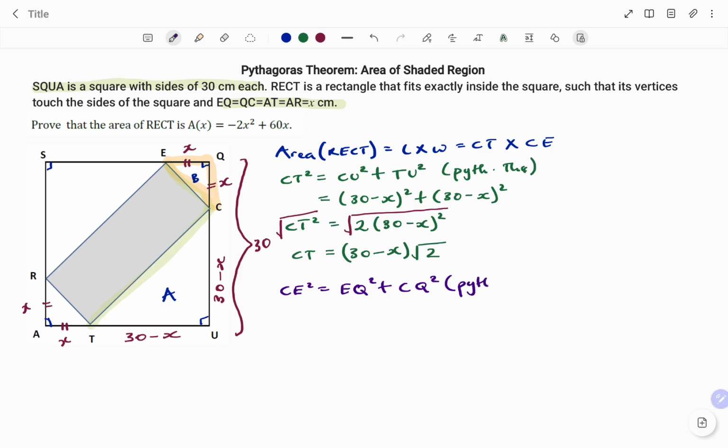The rule is Pythagoras theorem. CE squared is equal to EQ is x squared plus x squared. So therefore, CE squared is equal to 2x squared. Therefore, finding the square root of both sides to find CE, my CE is equal to x root 2.